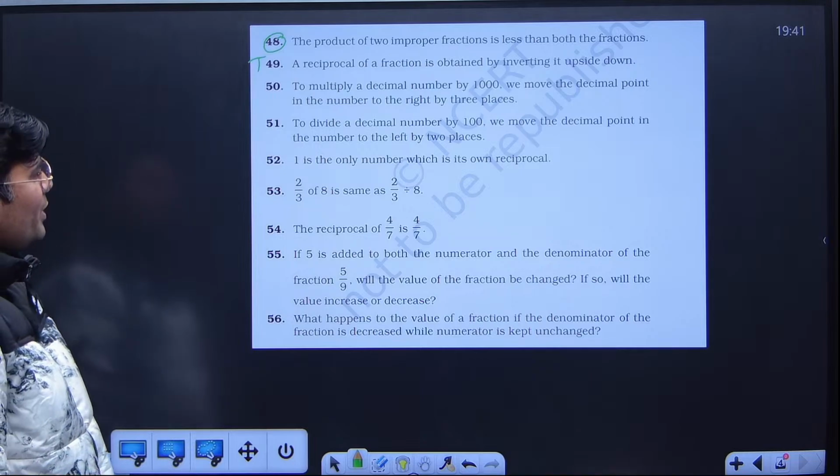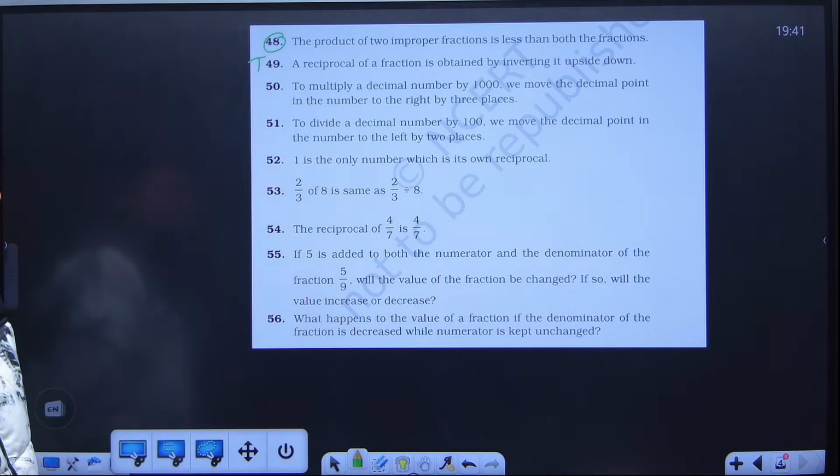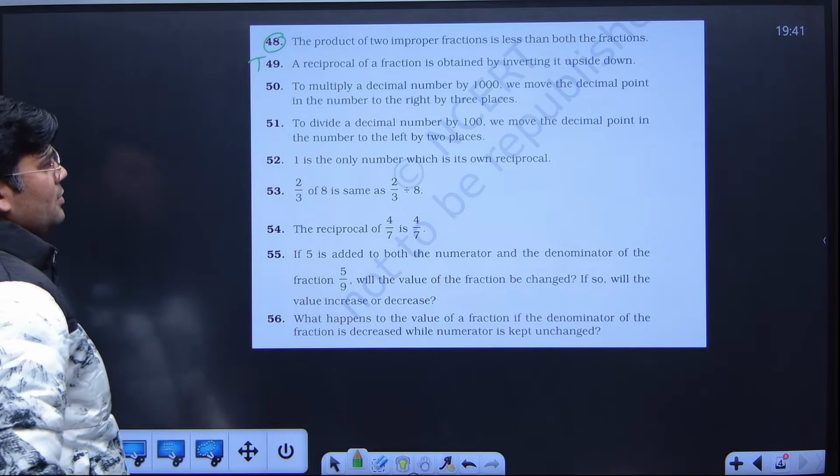True. To multiply a decimal number by 1000, we move the decimal point in the number to the right by three places. Okay.